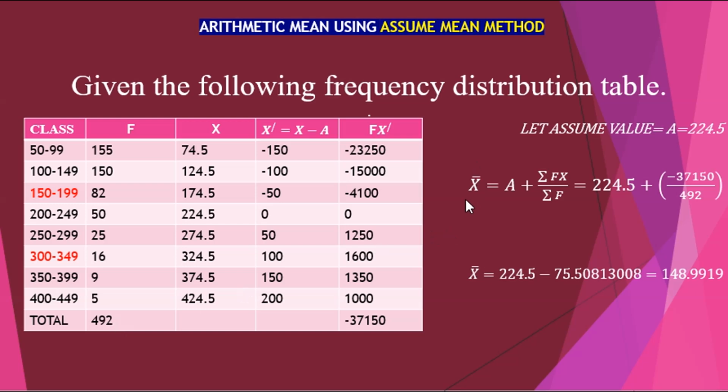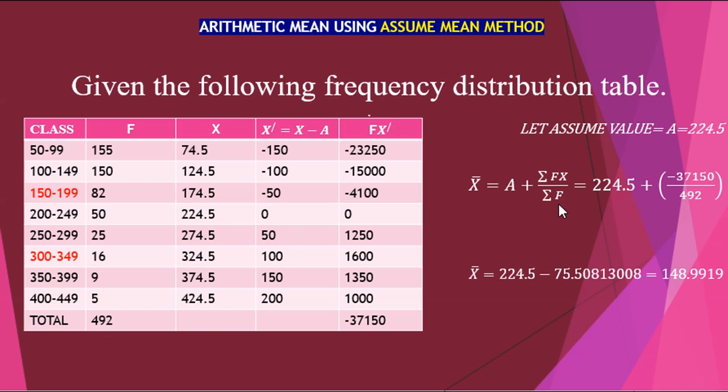Then going to this formula, our mean value x bar is equal to a plus summation f x prime all over summation f. Therefore, our a value, which is the assumed mean value, is 224.5. We are going to put it here, plus bracket open, summation f x prime is this, minus 37150 all over 492, which is the frequency, summation f.